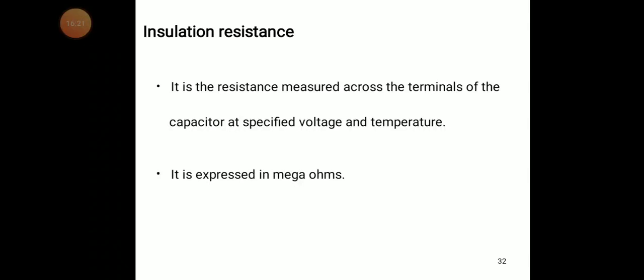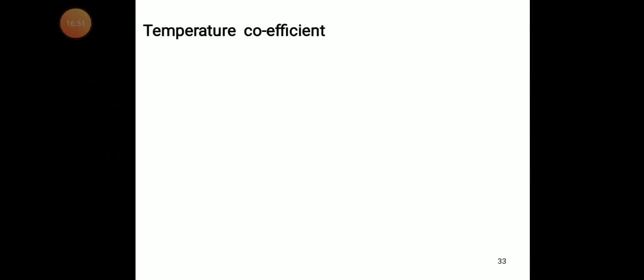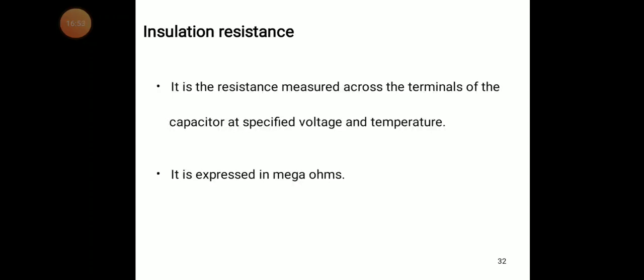The meaning is, when applying the specified voltage at the specified temperature, how much resistance we get across the terminals, that is the insulation resistance. It is generally expressed in megaohms.